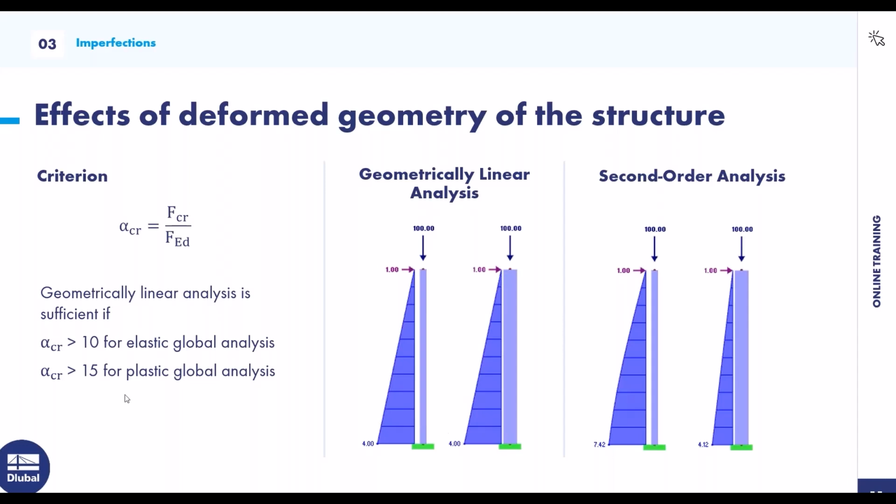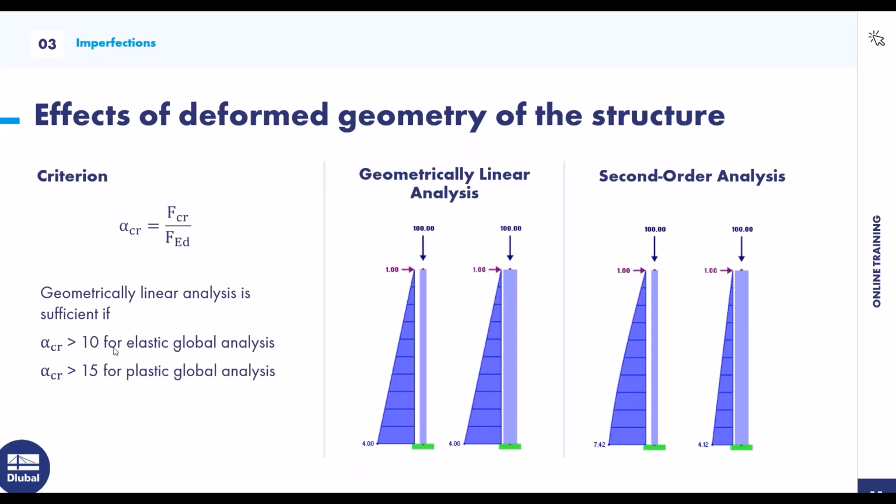For steel construction, there's a value that defines when a structure should be calculated geometrically linear or according to the second order analysis. If the critical load factor alpha crit is less than 10, the system must be calculated according to the second order analysis.